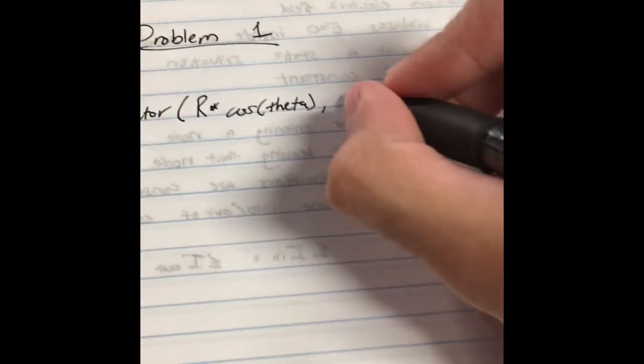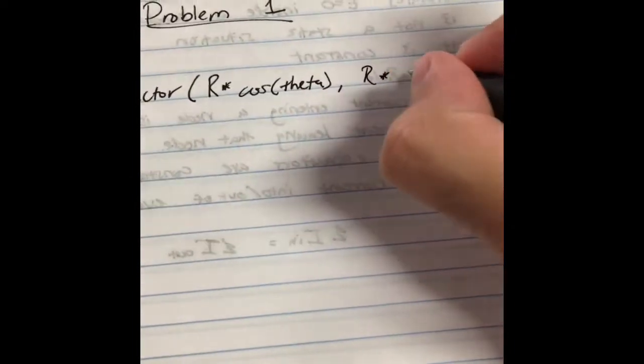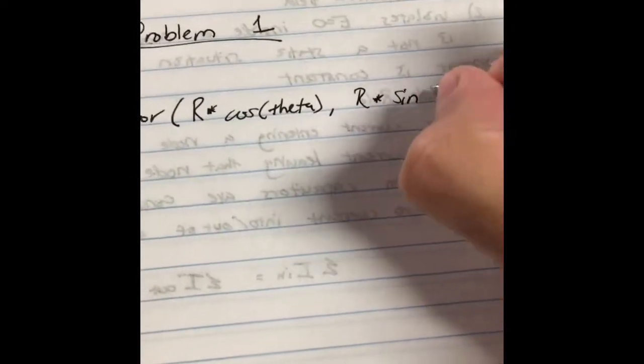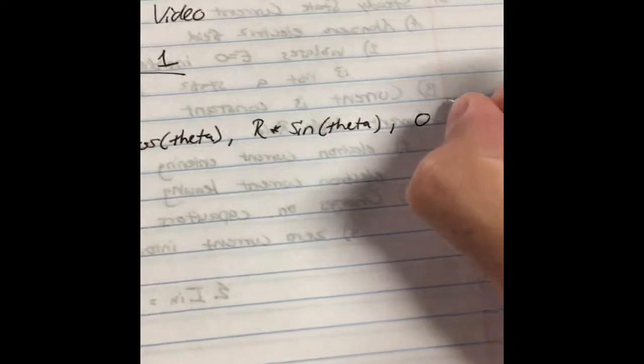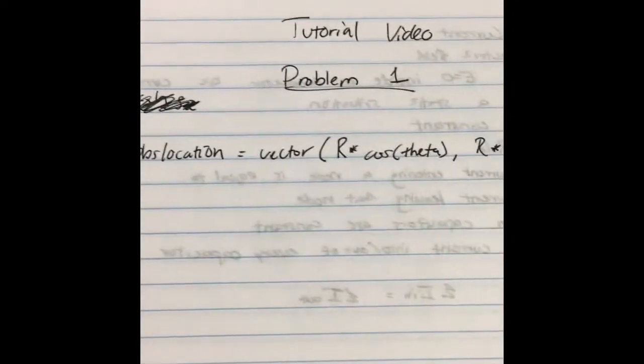And if you want to find the y component, you multiply the radius by sine of theta. And the z component will just end up being 0. So together, this gives you the vector for each observation location.